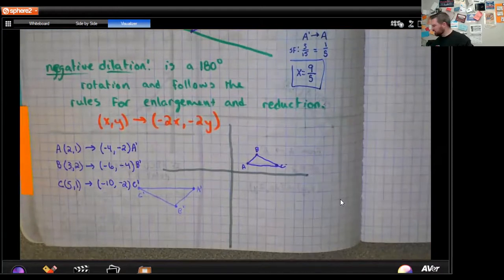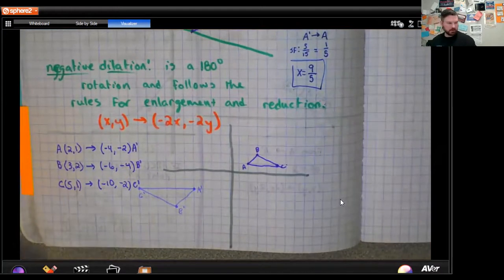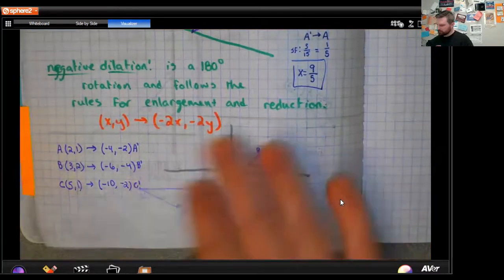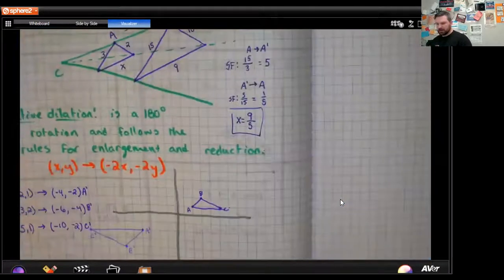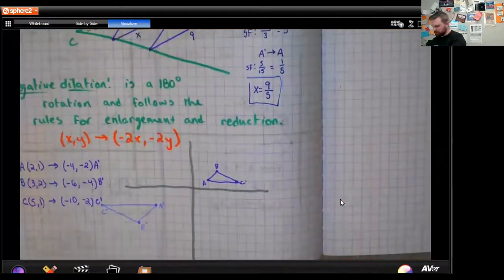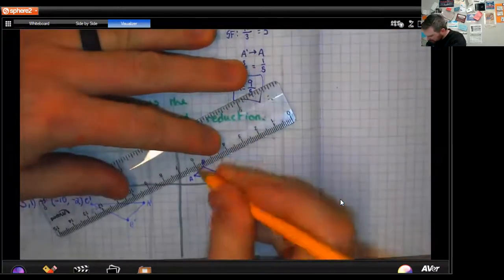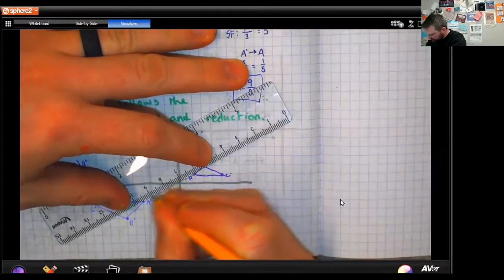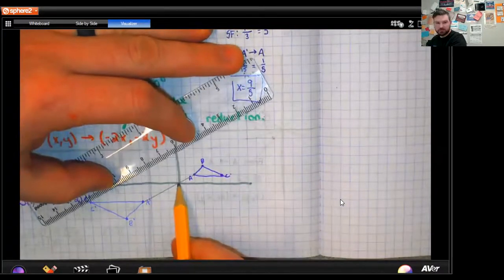Now, the other thing we can look at here, I think I lost my ruler, is we talked about connecting the image and the pre-image points. So if I connect A to A prime, okay, notice it went through 0, 0.